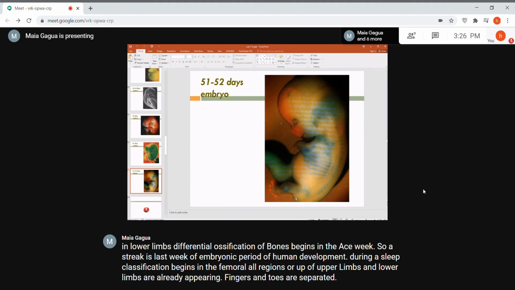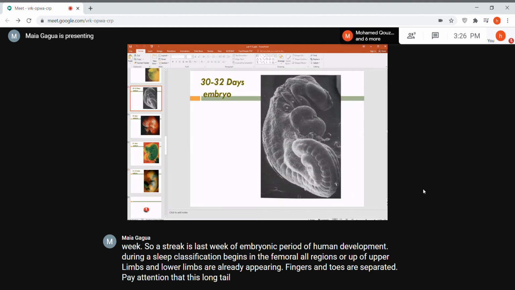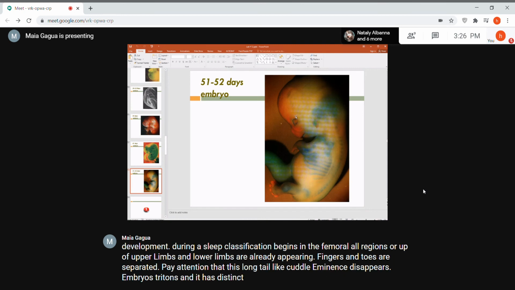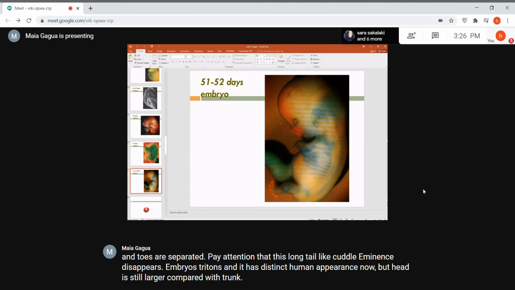Pay attention that this long tail-like caudal eminence disappears, the embryo straightens and it has distinct human appearance now, but head is still larger compared with trunk. Pay attention to the low position of external ear.